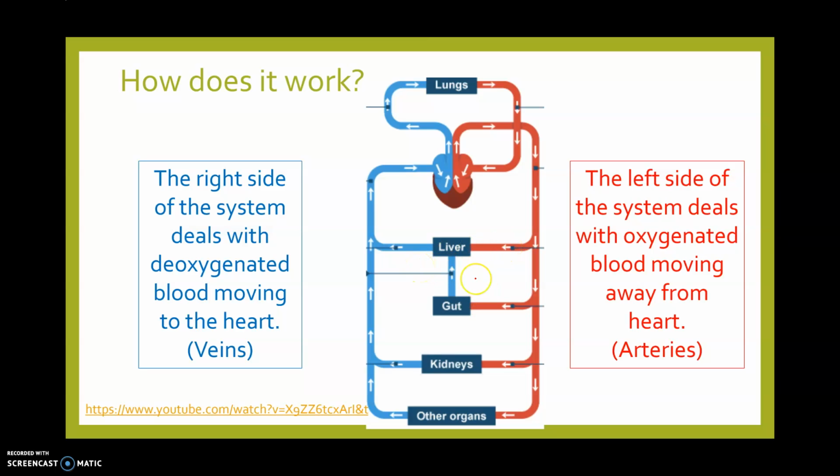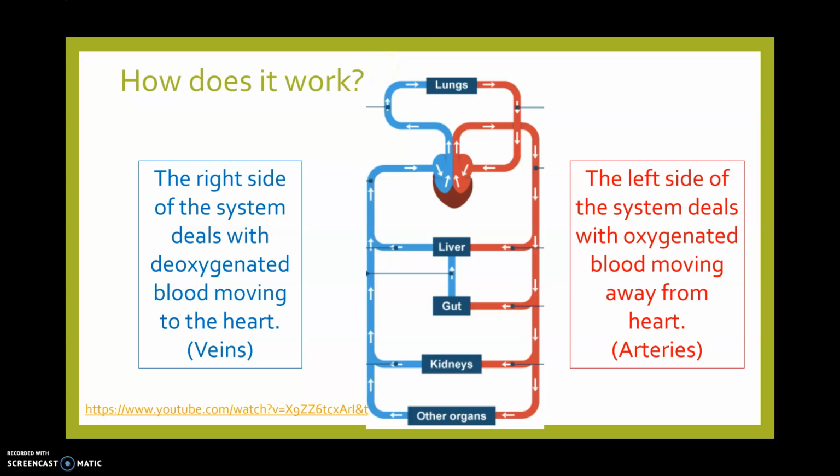So we're going to see that oxygen was dropped off in those different places and carbon dioxide was picked up. As that carbon dioxide is picked up, it's moving back towards the right side of our heart. Remember, going towards the heart, we see our veins. So towards the heart here, bringing the deoxygenated blood back into the right side so it can go back up to the lungs, and this process can continue and continue.